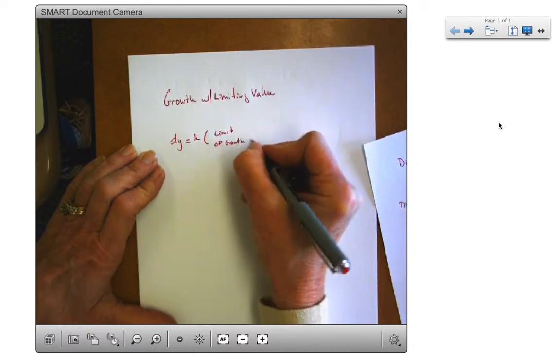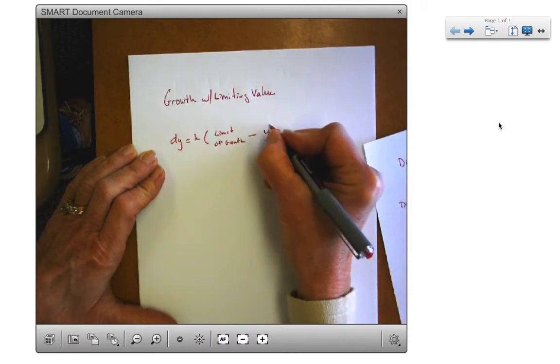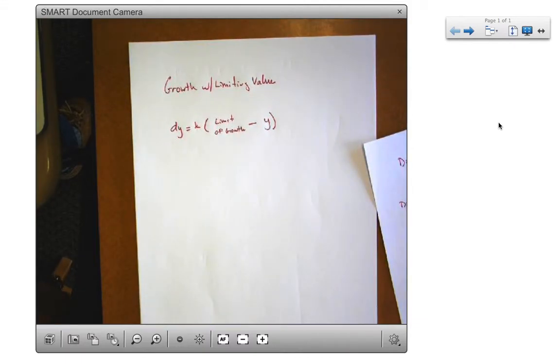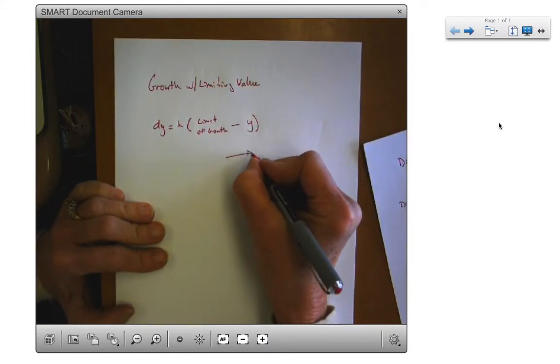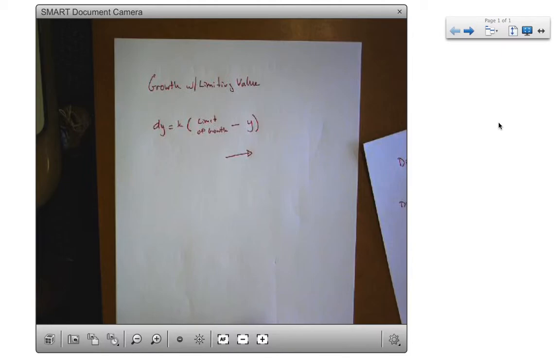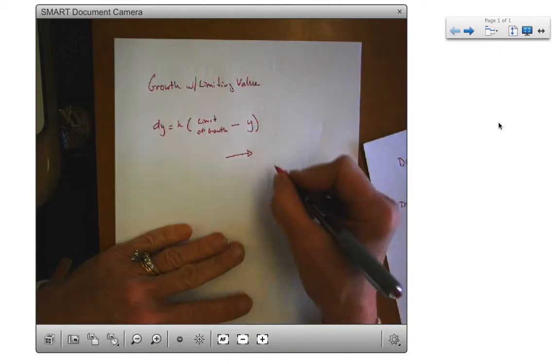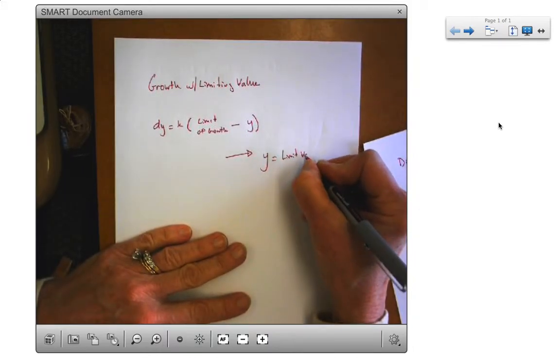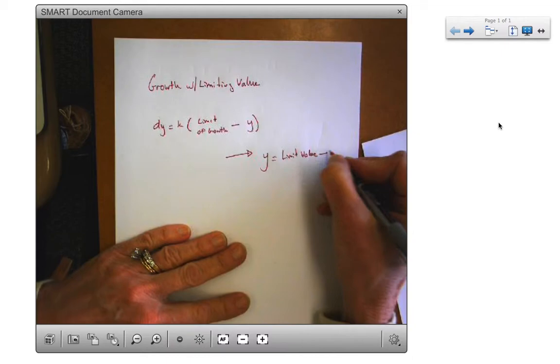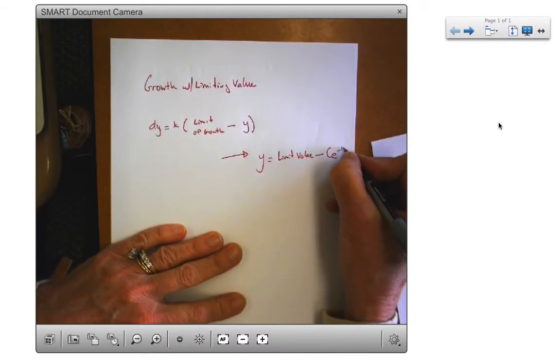It's your limiting value, minus y. So there's your differential equation form, and you know when we can anti-differentiate, we do a separation of variables, but your solution is going to come to y equals limited value minus ce to the negative kt.